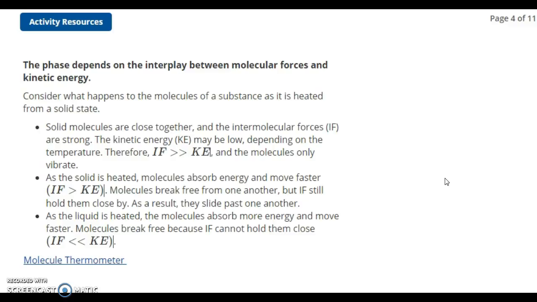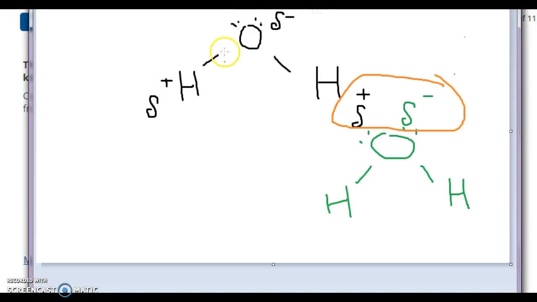Consider what happens to the molecules of a substance as it is heated from a solid state. Solid molecules are close together. In your head, I want you to picture an ice cube. The intermolecular forces are strong. In our ice cube, the water molecules are lined up really nice and perfect, just like a snowflake.